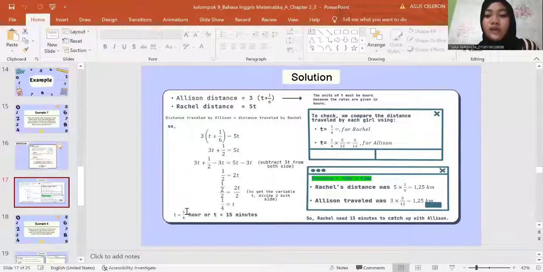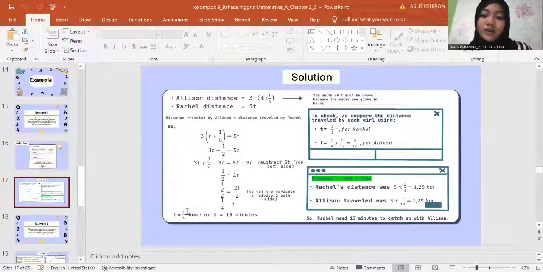To check, we compare the distance traveled by each crew using t equals 1/4 hour. 1/4 times 5/12 equals 5/12 for Allison.